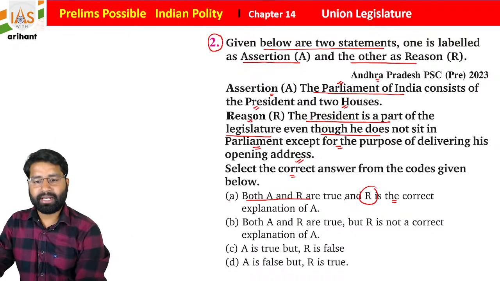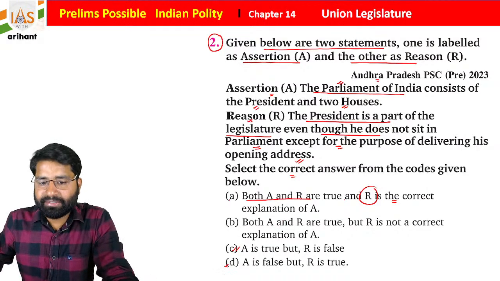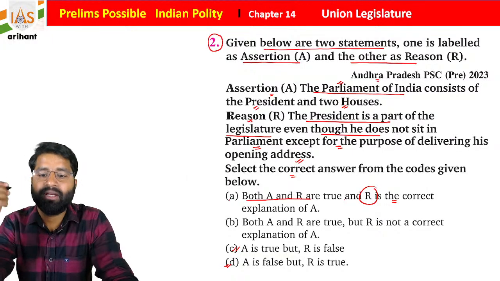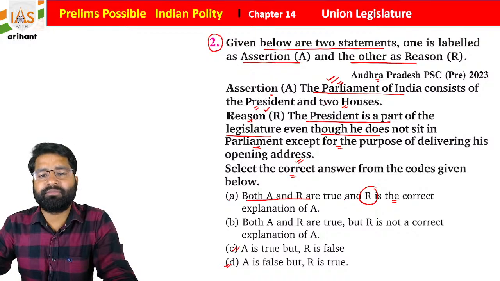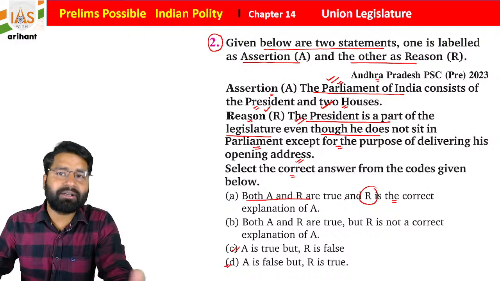Okay, C says that the assertion is true but the reason is false, and D says that the assertion is false and the reason is true. So now just choose the right answer. We already know the Parliament of India consists of the President and both houses. Along with that, students, the President is part of the legislature.